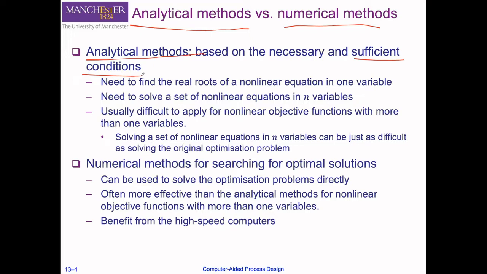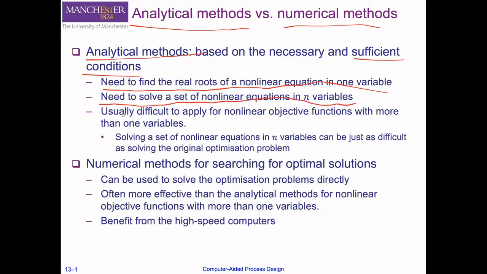When we let the first derivative or the first partial derivatives be equal to 0, we may generate a nonlinear equation if the objective function has one variable, or a set of nonlinear equations if the objective function has multiple variables. Then we need to find the real roots of a nonlinear equation in one variable, or we need to solve a set of nonlinear equations in n variables.